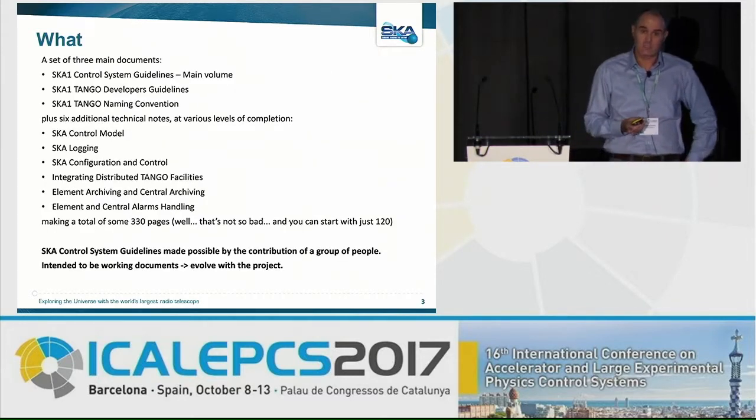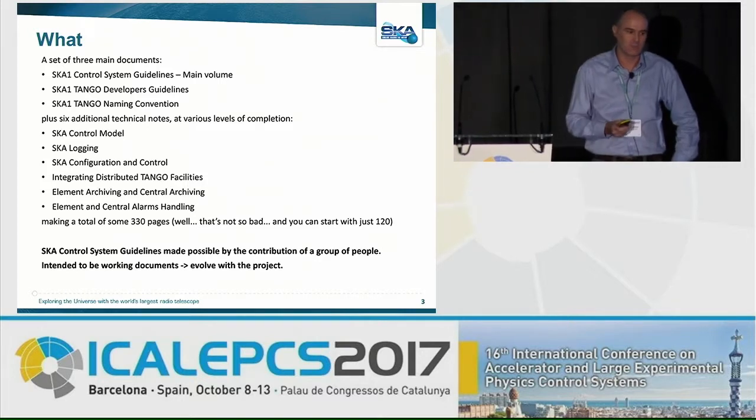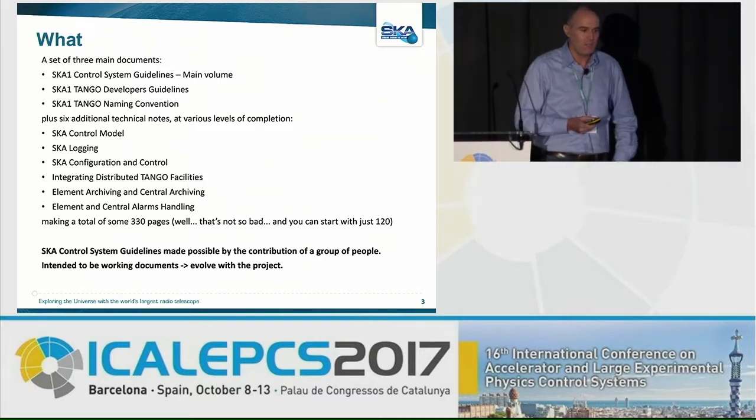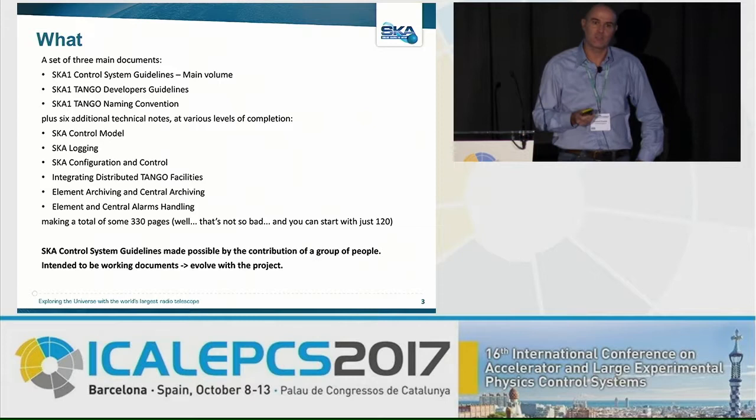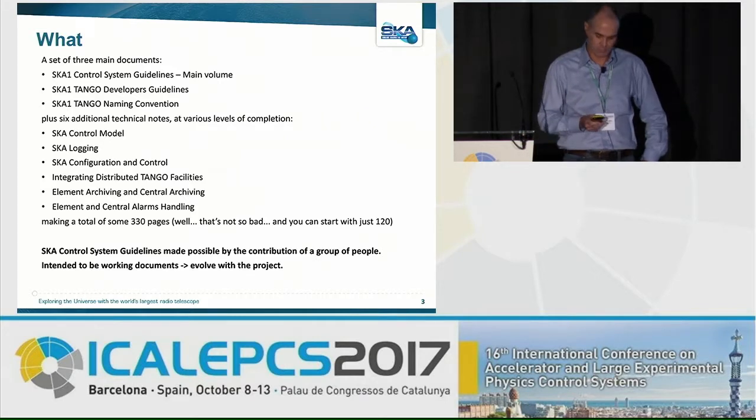And what the control system guidelines are, basically, they are composed of a set of 3 documents. A main document is called CS guidelines itself. A second document contains the SKA Tango developers guidelines for people who are going to develop the Tango devices for the SKA control system.